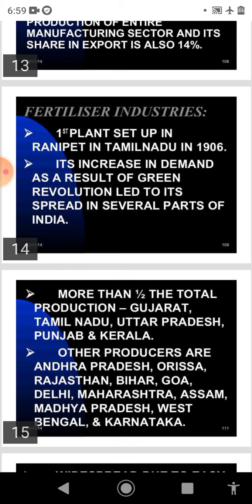The third, potash, is entirely imported as the country does not have any reserve of commercially usable potash or potassium compounds in any form.